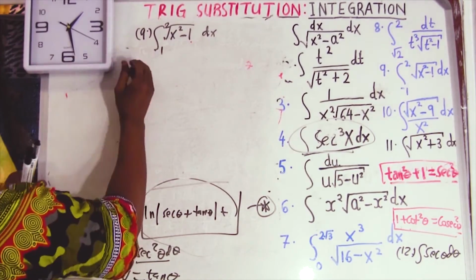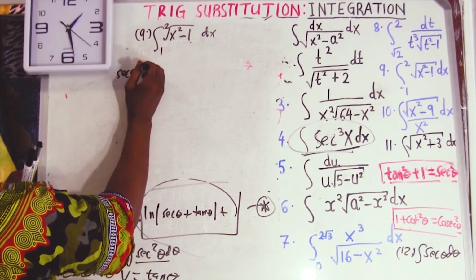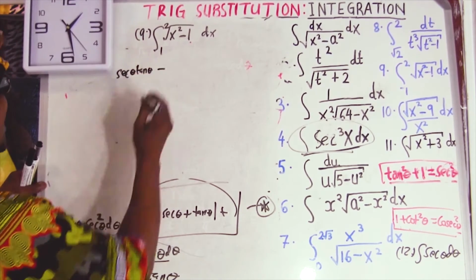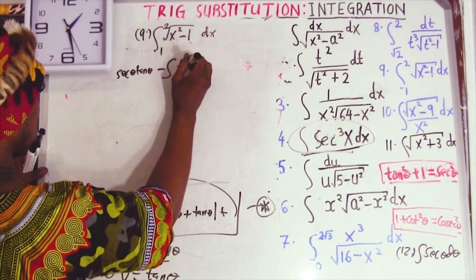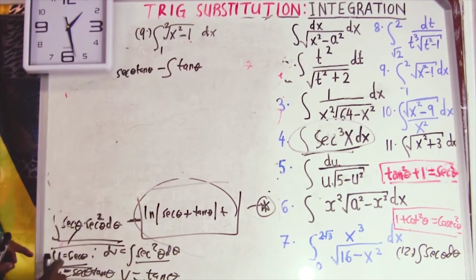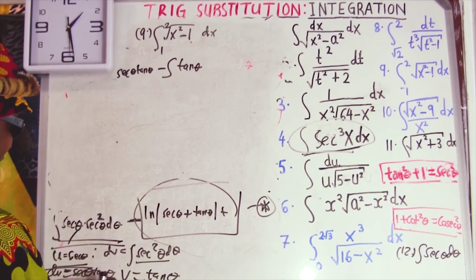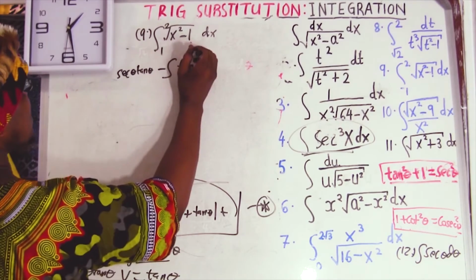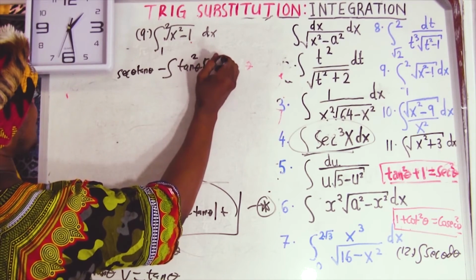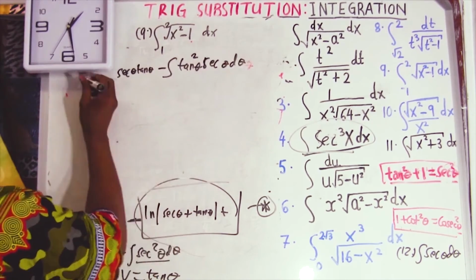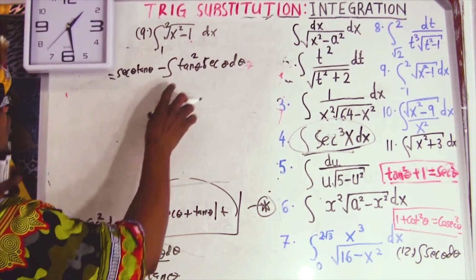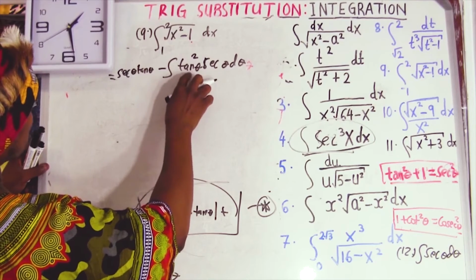Okay, so uv minus the integral of v du, tan theta times sec tan. So taking tan, this is going to be tan square and this is going to be sec. I know this is going to be 1 minus sec square.